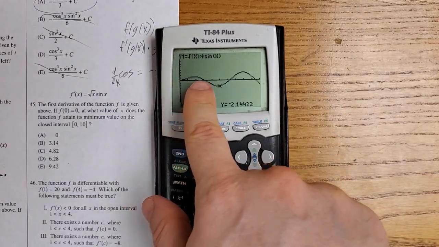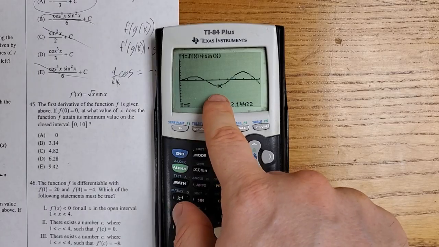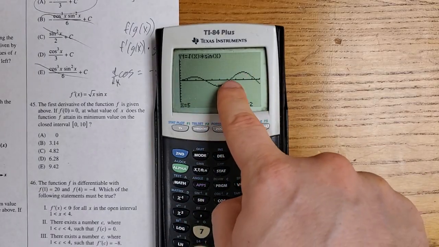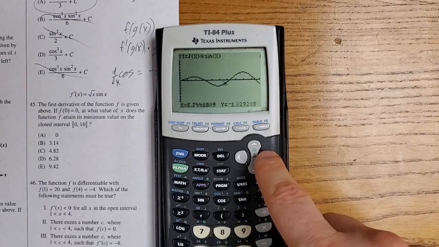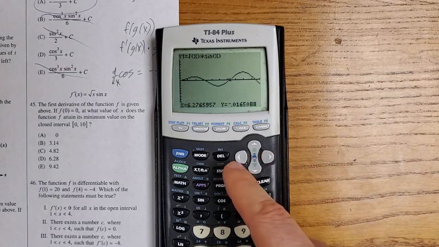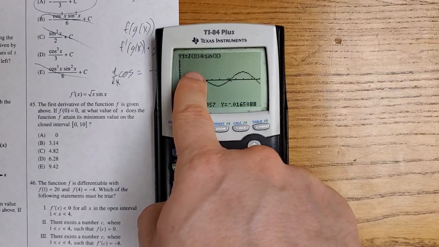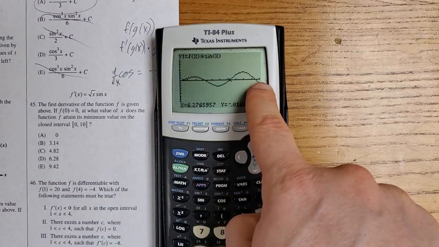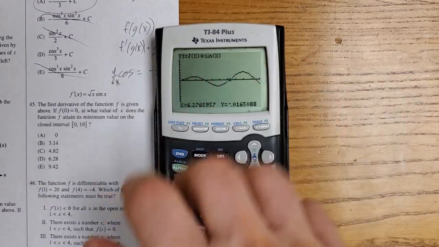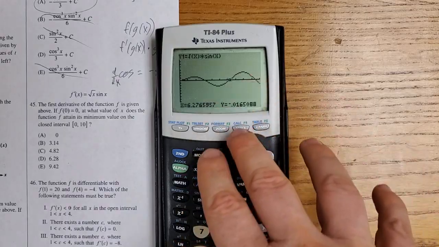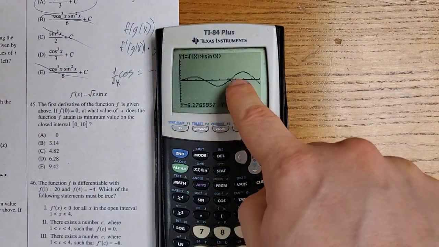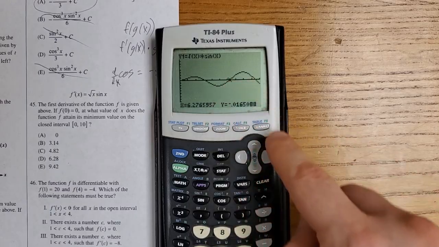So where on here are we negative and then crossing 0 and then becoming positive again? And that only happens here. We know we have two maxima, because there's going from positive to negative and positive to negative. So those would be maxima, but there's only one minima in that range, and that is happening right there.